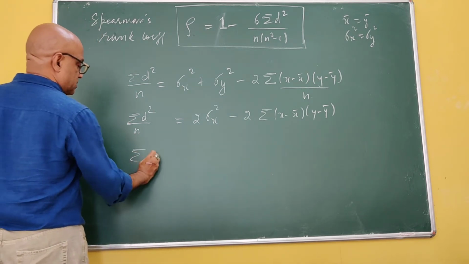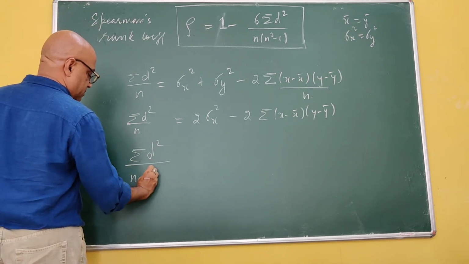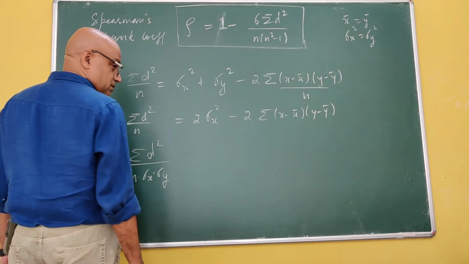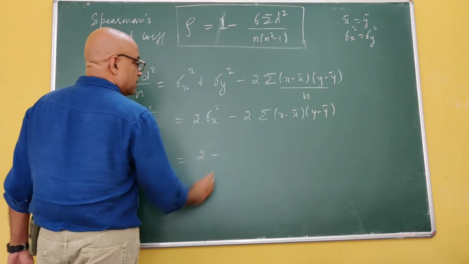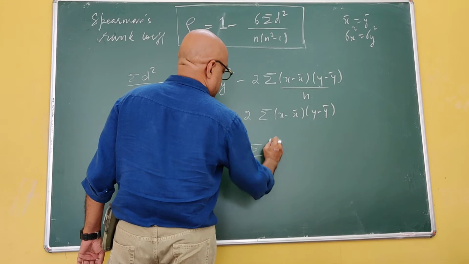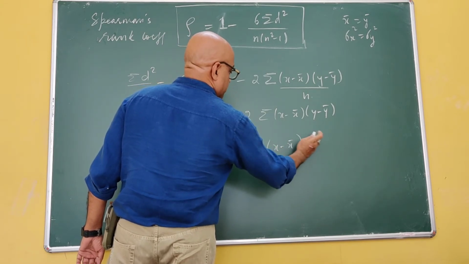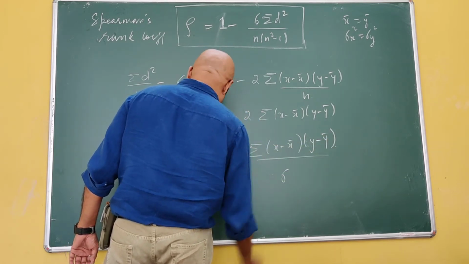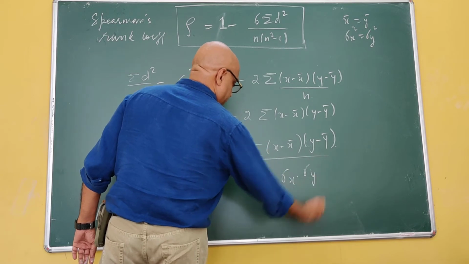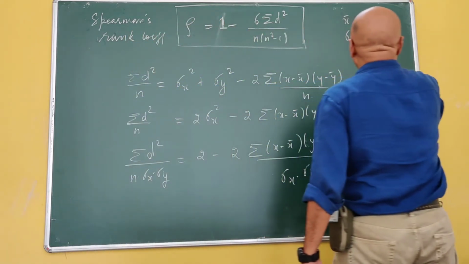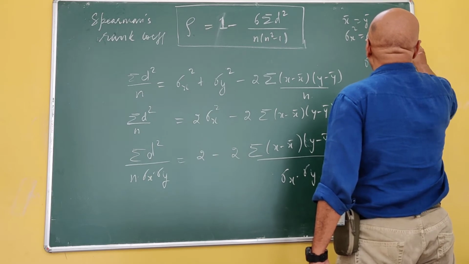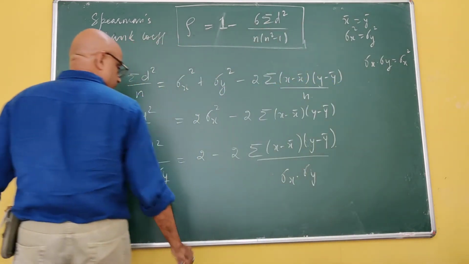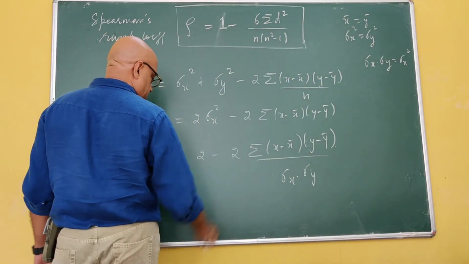If you divide this by n times sigma x into sigma y, that's as good as divided by sigma x square. This will become 2 minus 2 times summation x minus x bar into y minus y bar, and that I am dividing by sigma x into sigma y. Well, because sigma x into sigma y is same as sigma x square, because they are equal. Okay, good. So here I just divided by sigma x square so that I get this.